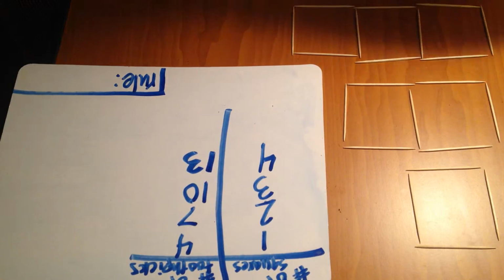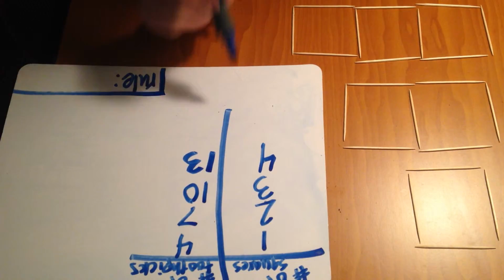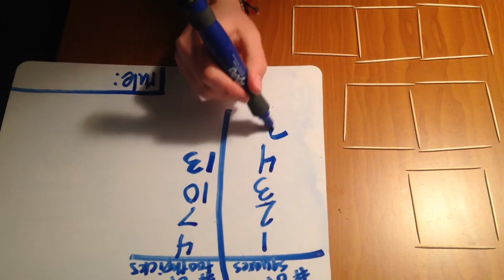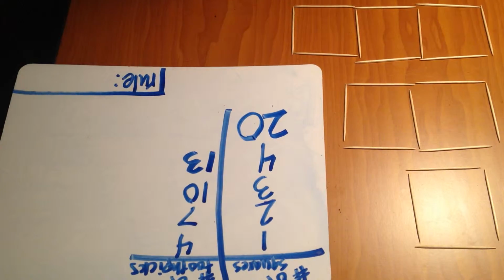But my goal was to find a rule. And the reason that I want to find this rule is because what if I had the number 20? In order to find how many toothpicks there would be in 20 squares, I would have to know 19 squares and 18 squares, because I can't just jump straight to 20.